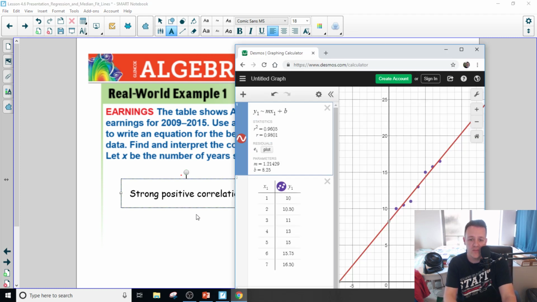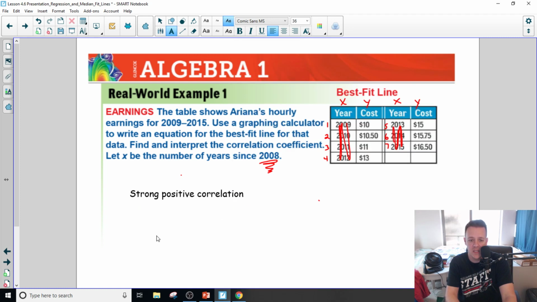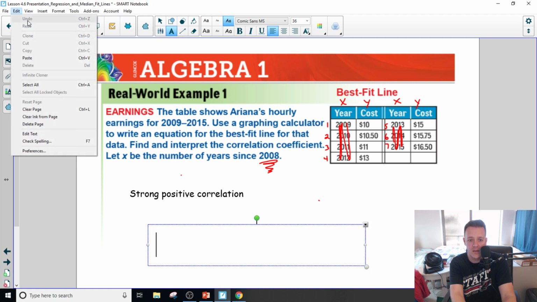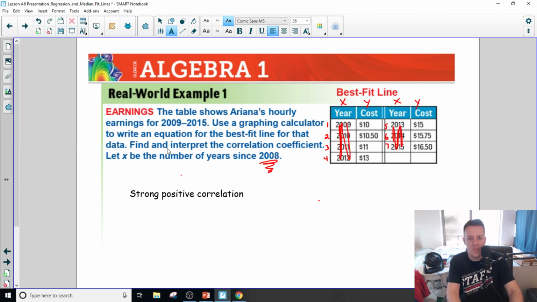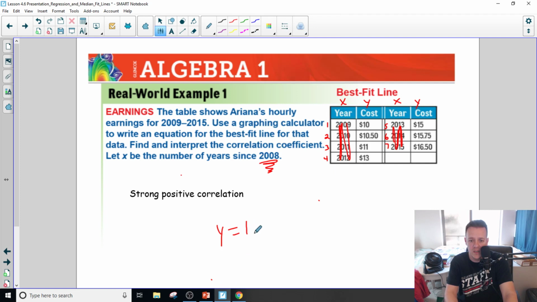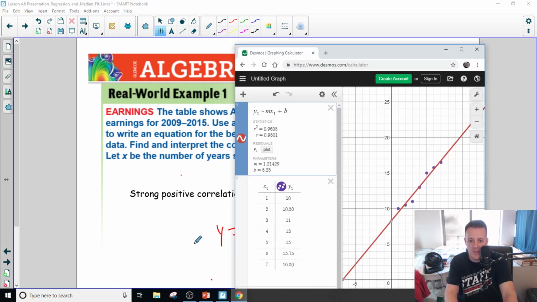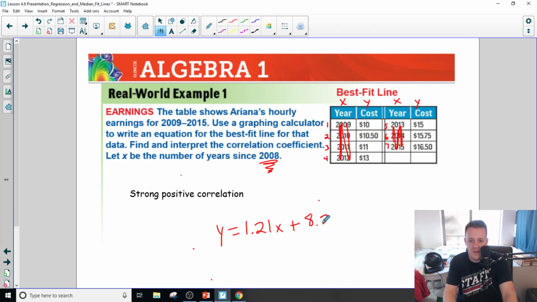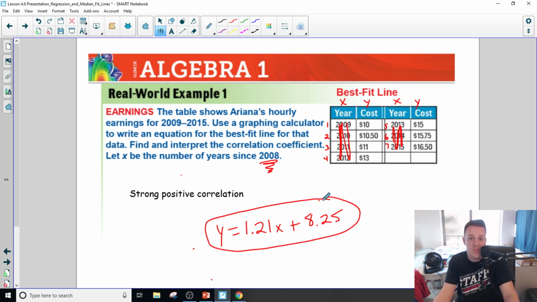So my equation for that line would be y equals, and my m value is 1.21x, and then plus, because the value is 8.25. And there, ladies and gentlemen, is my equation. Simple as that.